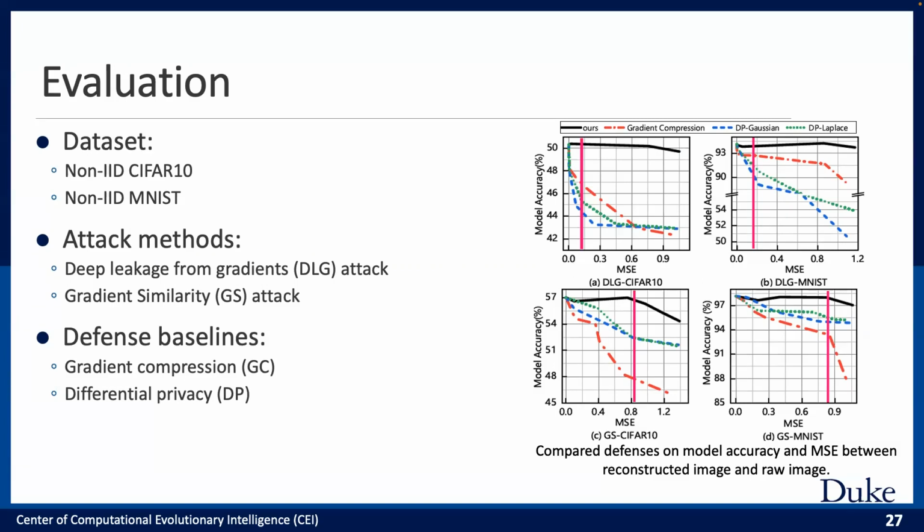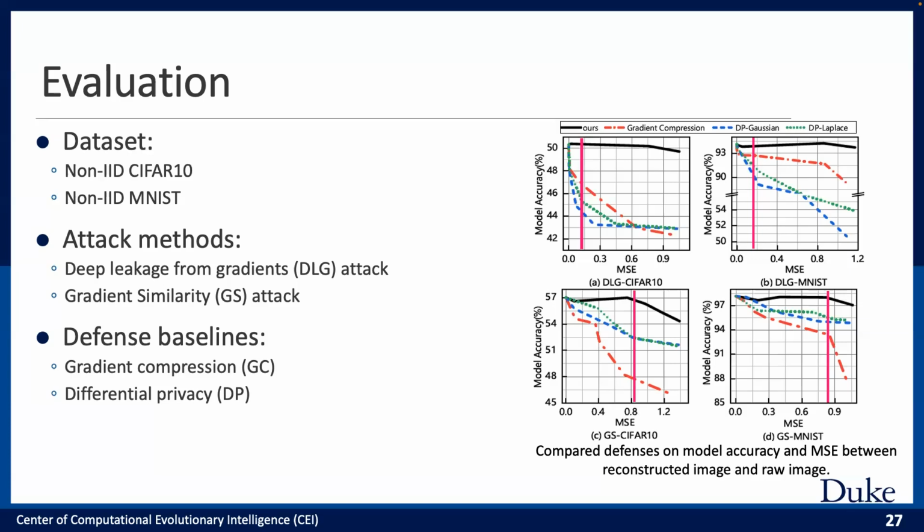The defense baselines are gradient compression and differential privacy. You can find that for the defense baselines, if we change the MSE a little bit, the model accuracy will drop significantly. That basically means that it won't work.